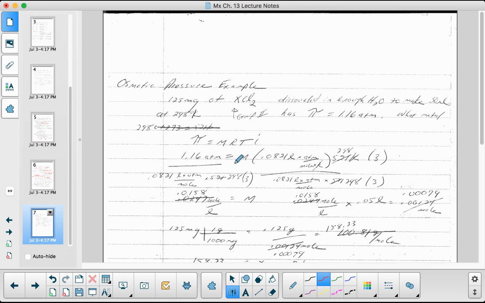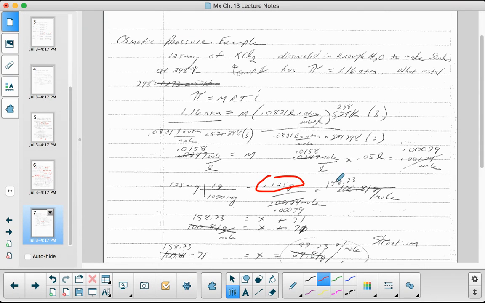And then you would solve for your molarity first. Then once you know the molarity, you find out the volume, which is 50 milliliters, and then you can calculate your number of moles. Once you know your number of moles and you know your mass is 0.125, which is given in milligrams, you convert it to grams. Grams divided by moles will give you the molar mass.